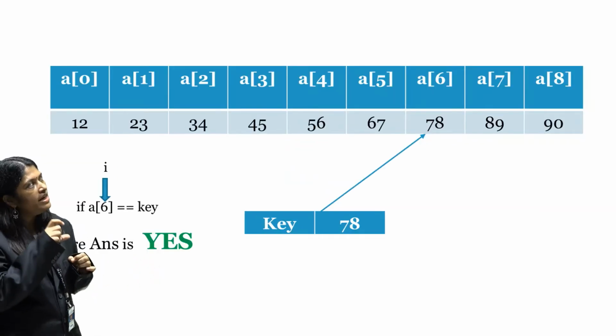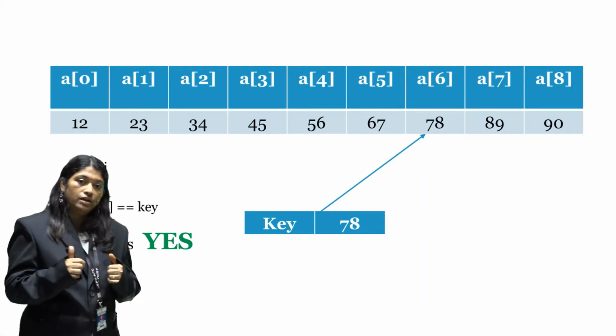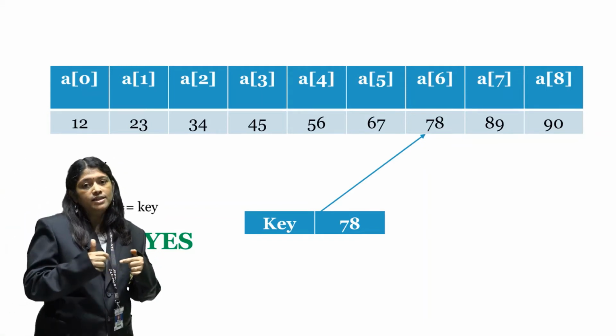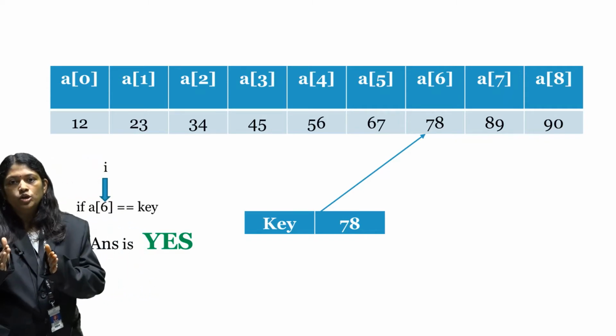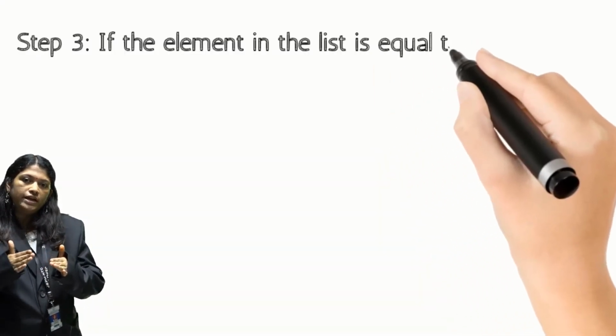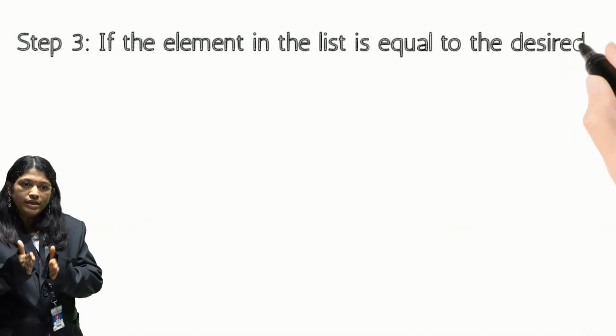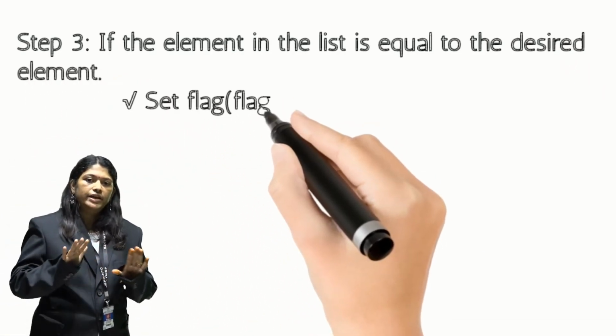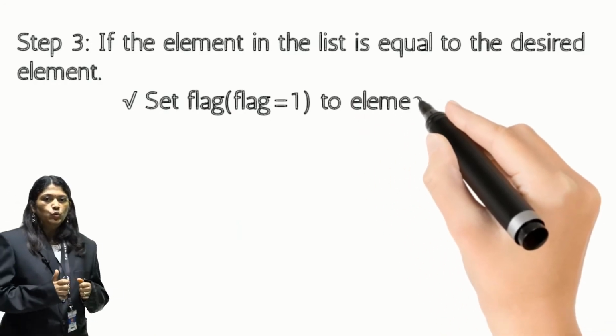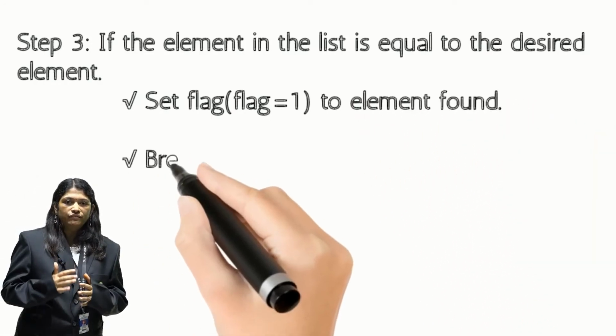So 78 is compared with the key element, and here the answer is yes, because A[6] is equal to key. So here we get your number. You set flag equal to 1, break the loop, and go to step 5.